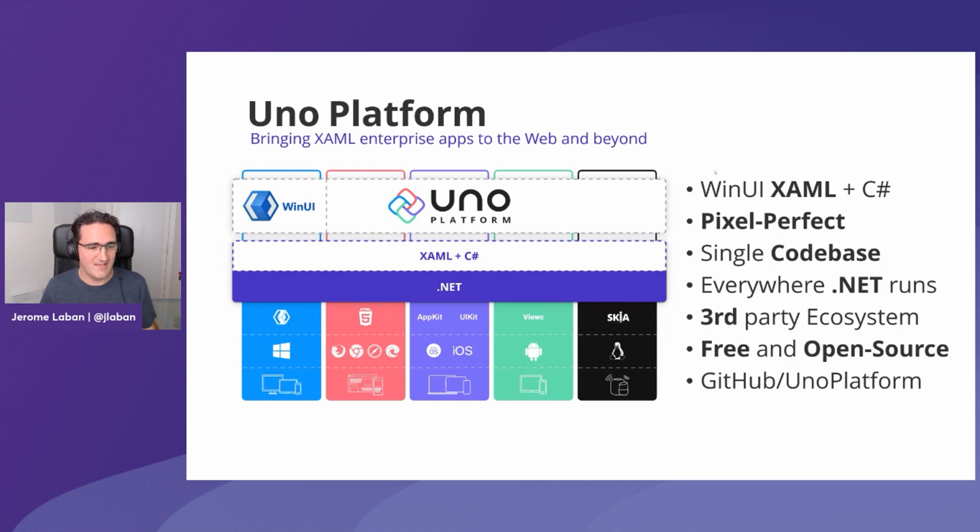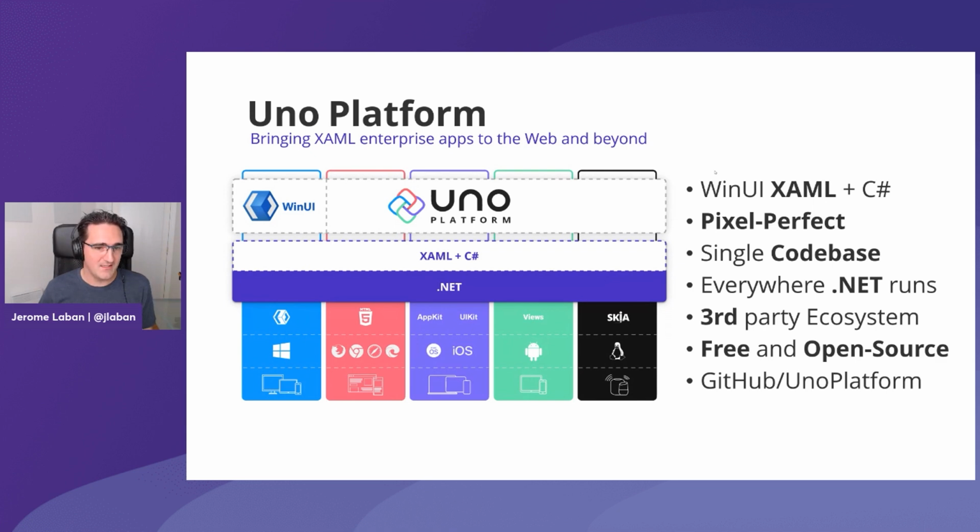So .NET 6 added quite a few things with regards to targets, like running on Raspberry Pi, for instance. And because it's WinUI and because it's WinRT and WinApp SDK compatible, then there's a third-party ecosystem that's already there that's also compatible with it. It's free and open source, so you can go on GitHub and take a look and use it for free. So that's the beauty of open source.